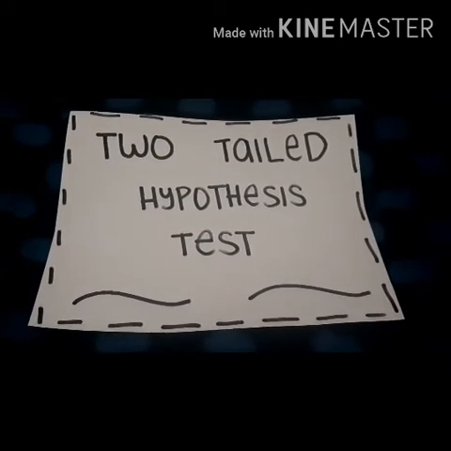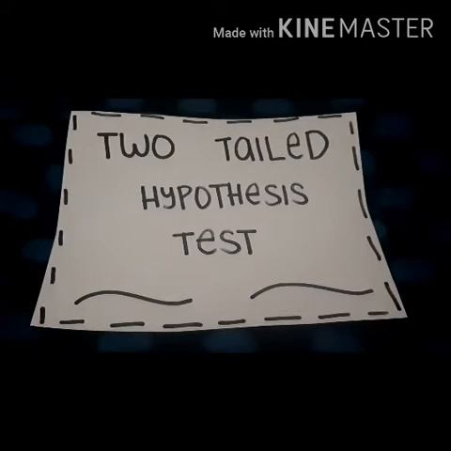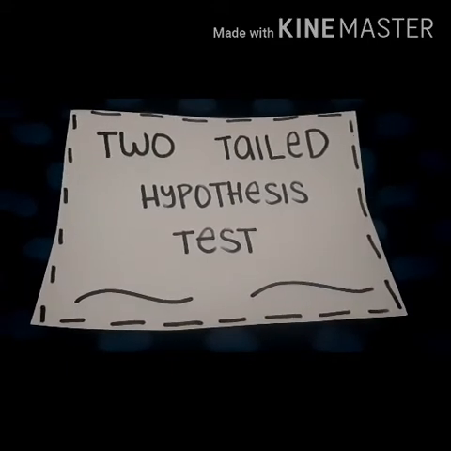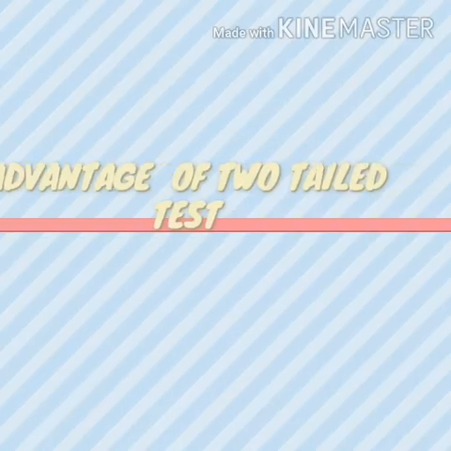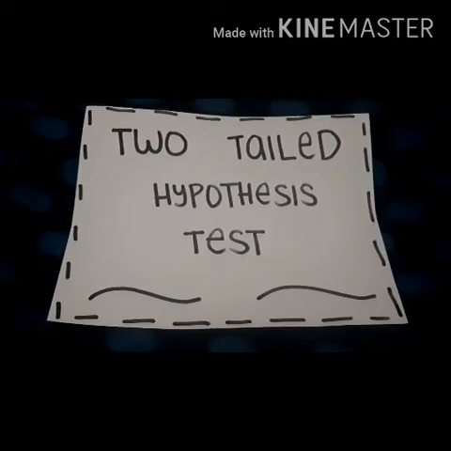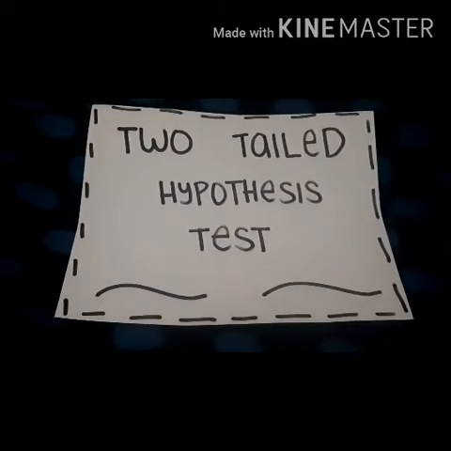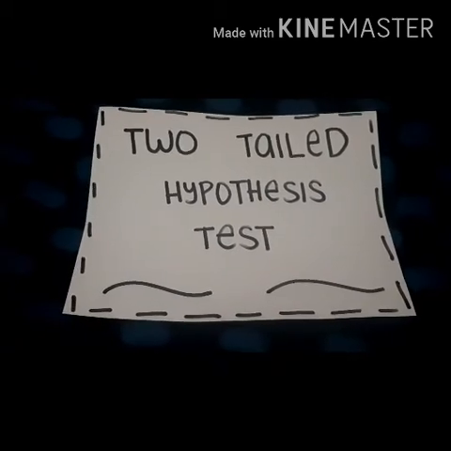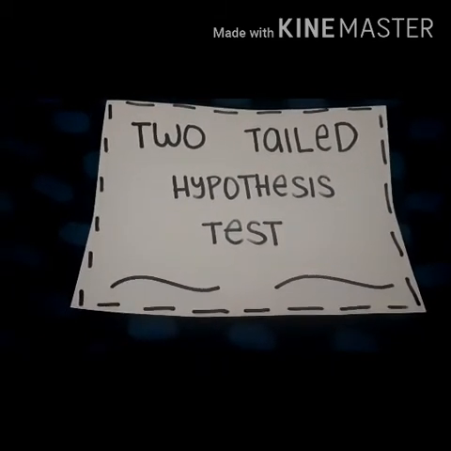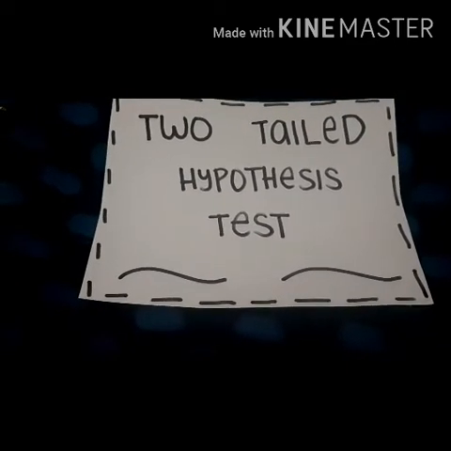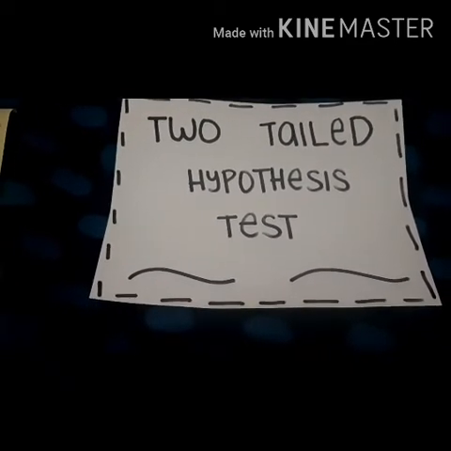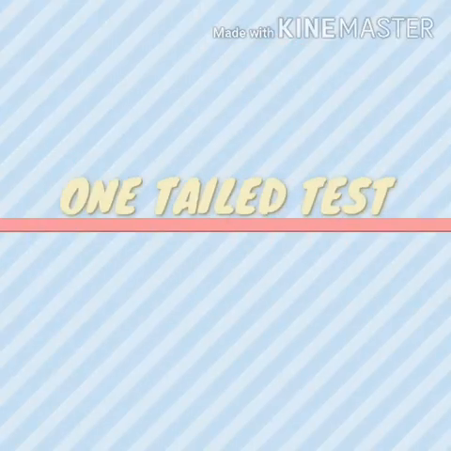When you perform a two-tailed test, you split the significance level percentage between both tails of the distribution. The advantage of two-tailed tests is that you can detect both positive and negative effects. Two-tailed tests are standard in scientific research, where discovering any type of effect is usually of interest.